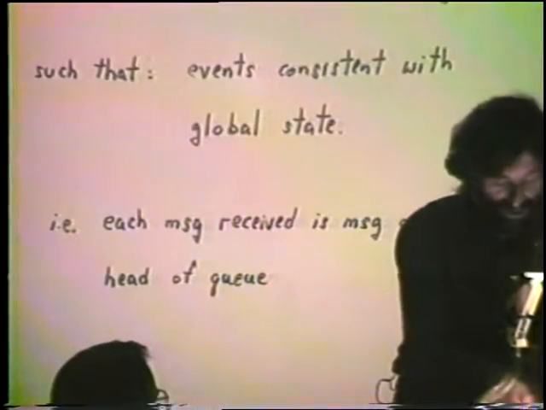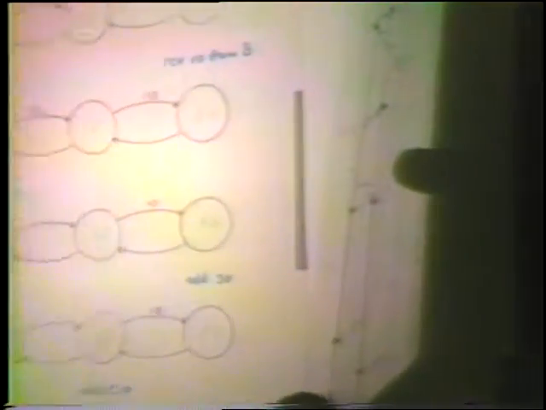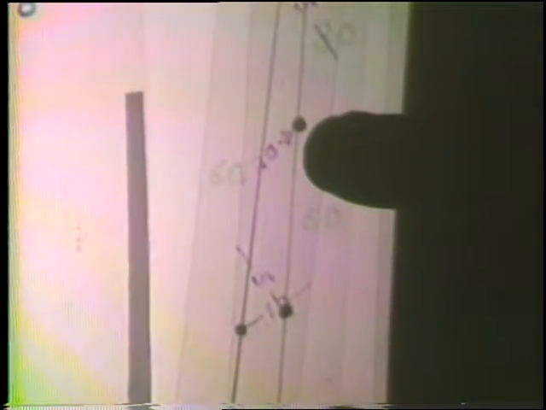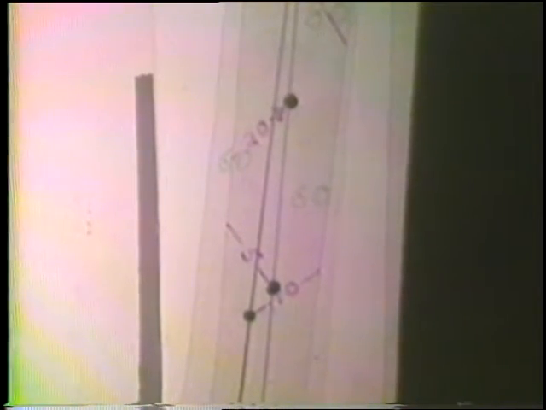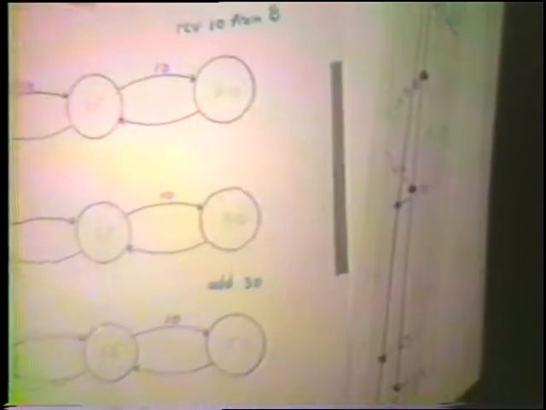When we get to a receive event, where's a receive event? Oh, here, we get a receive $20. This is an event in process B that says receive $20 from A. For that to be consistent, the head of the queue of messages from A to B must be a $20 message.